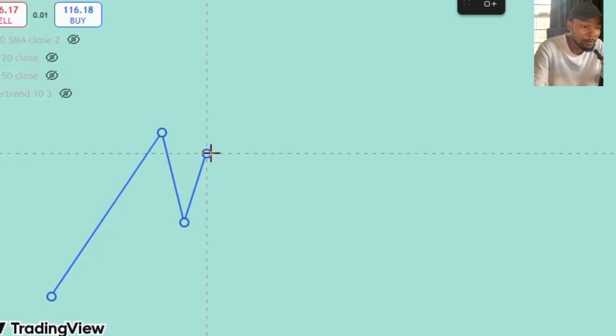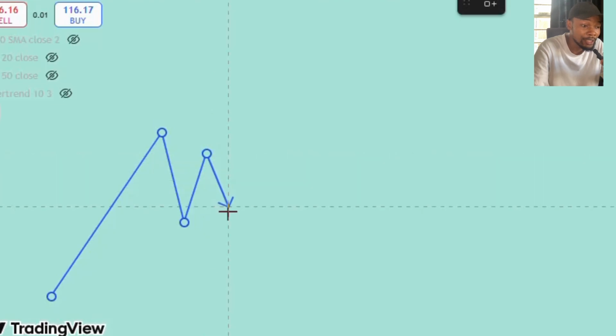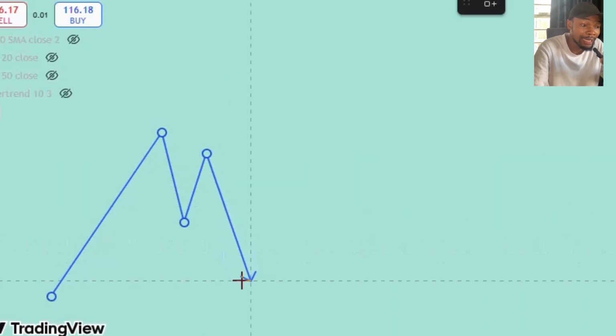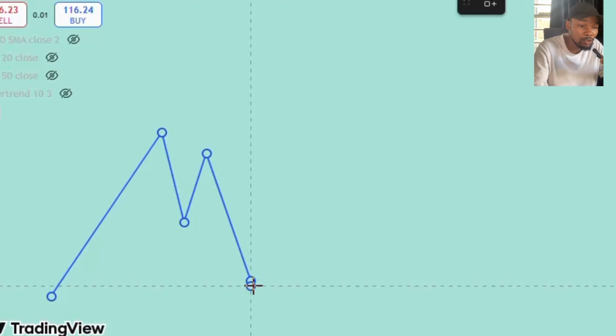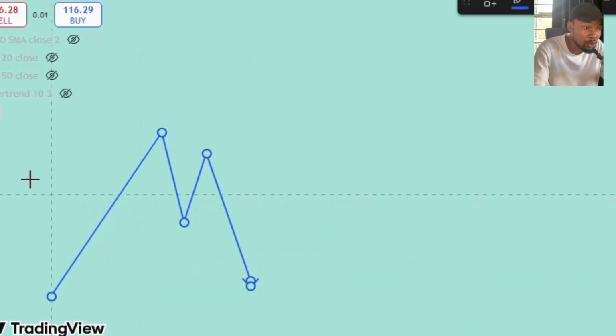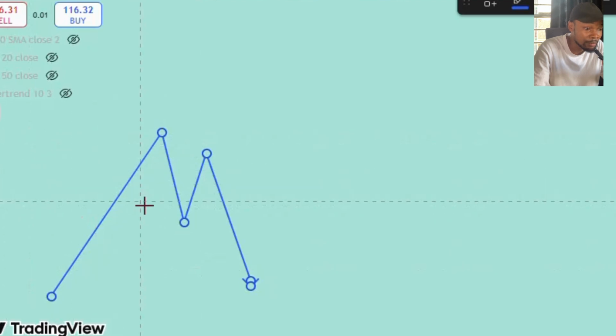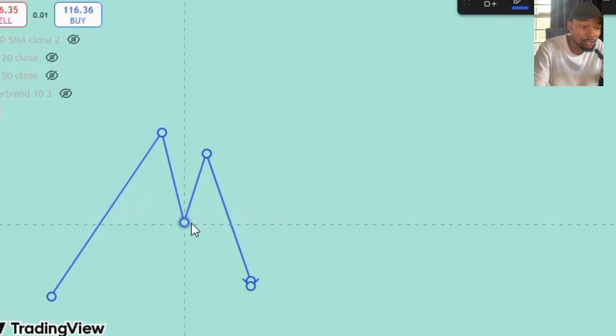Now, instead of going up, it started coming down to form an M sign, right? Now what you're going to do here is to simply draw a support line or a resistance line.